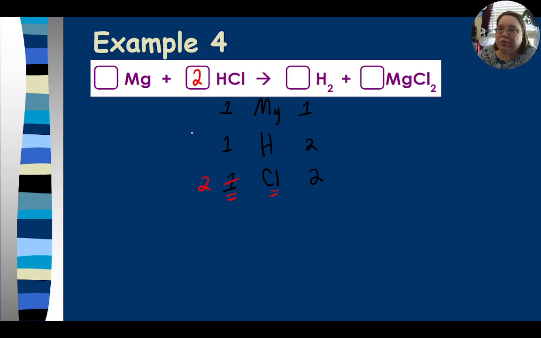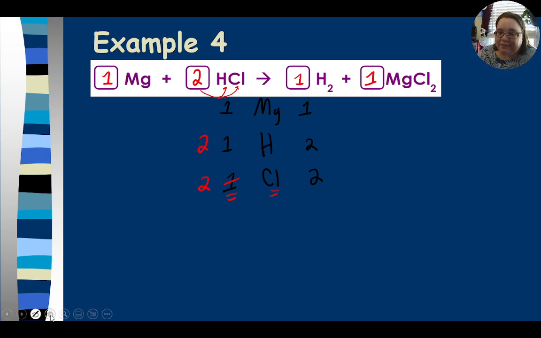I now have 2 chlorines, but I need to make certain I recount both things. So I also have 2 H's. So nothing else is unbalanced, which means all of these other coefficients are 1s. I check my coefficients. I think that's step 4. Make certain they can't reduce. They can't.